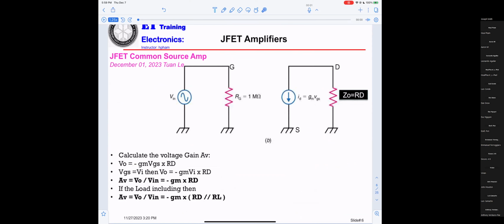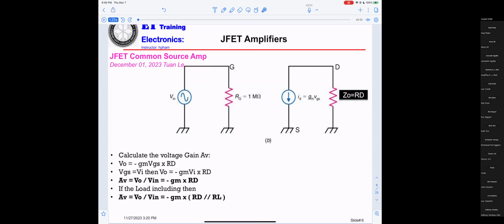Now, what do they calculate? Calculate the voltage gain AV. First thing, if you want to calculate the Vout, it will be equal to minus gm times VGS, that means the current, times output impedance, ZO equal RD. Okay, that is how come they get the negative.